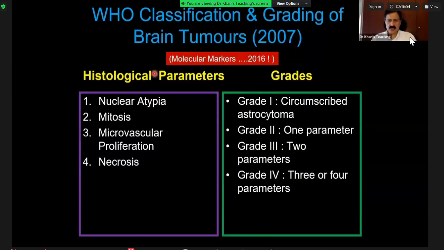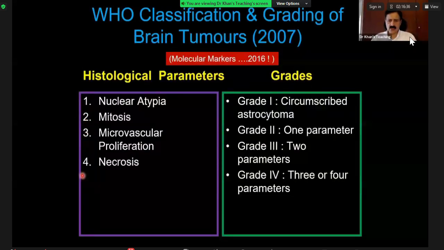We just stick to the old classification based on histological parameters. So the histological parameters include nuclear atypia, mitosis, microvascular proliferation, and necrosis.